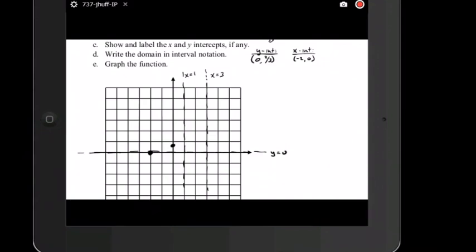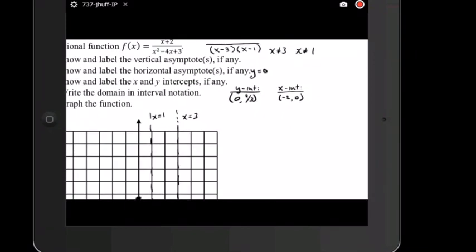For part D, it says write the domain in interval notation. We had a good start. We knew that x cannot equal 3 and x cannot equal 1, but it can equal everything else.